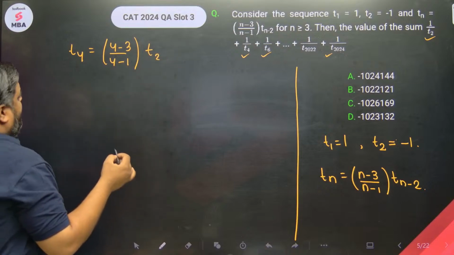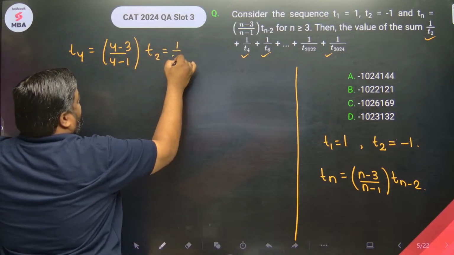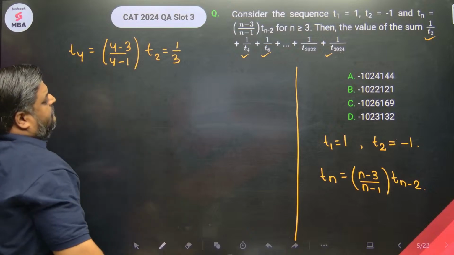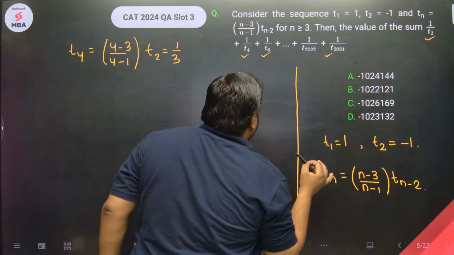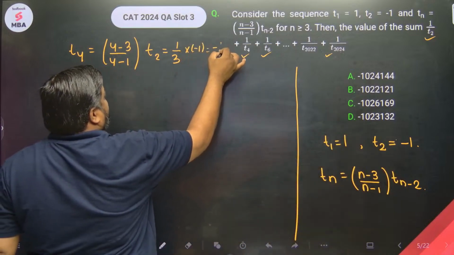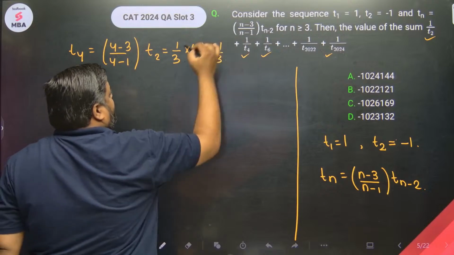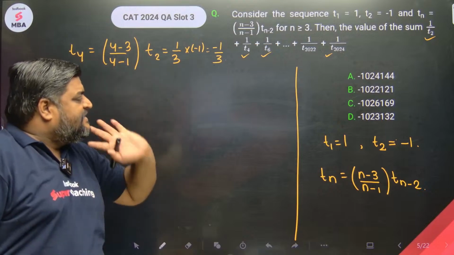Very good. Let's break this down. This is 1 upon 3. And what is T2? T2 is minus 1. So multiplied by minus 1, this entire thing is minus 1 by 3. T4 is minus 1 by 3.